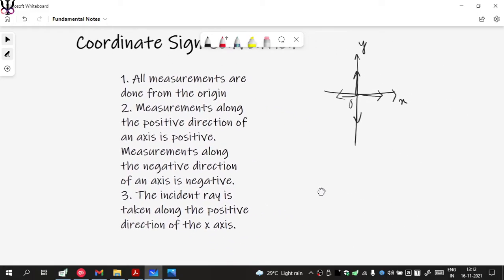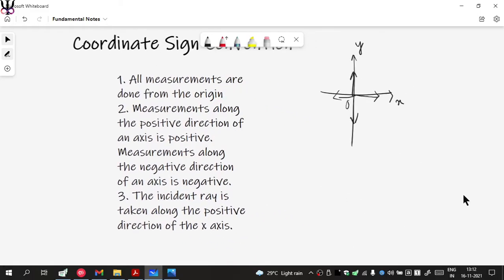What the third point means is that the incident ray would be taken along the positive direction of the x-axis. Whether the incident ray is like this or like this, it travels along the x-axis itself. So the incident ray would follow the positive direction of the x-axis.